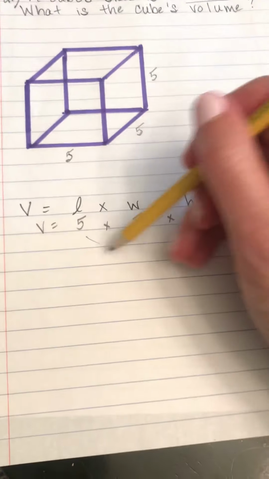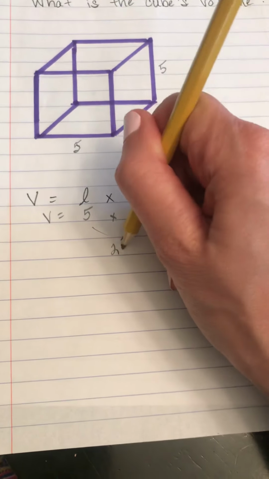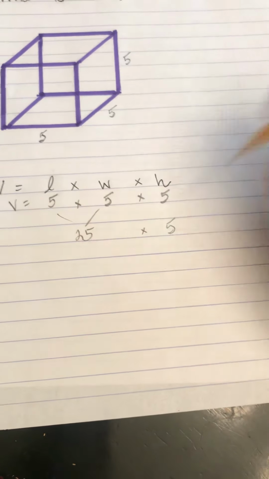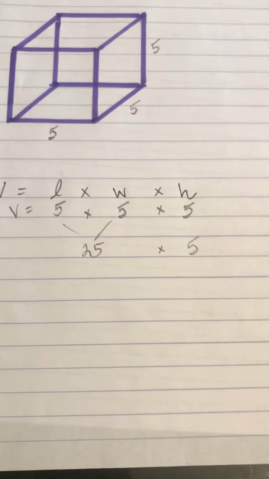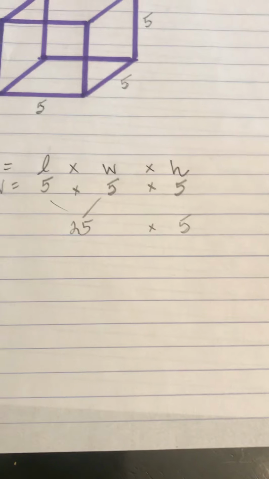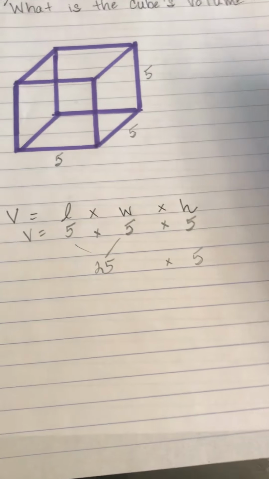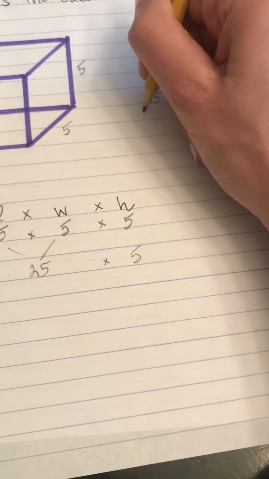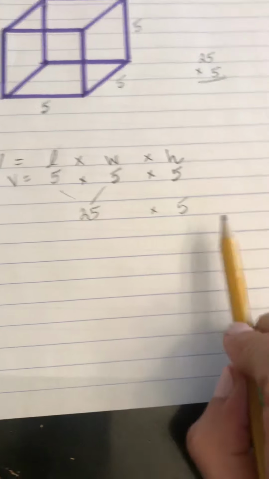Let's do 5 times 5 first. What's 5 times 5? 25. And we still have this other times 5 to work with. You may be able to do this in your head because there are 4 25s in 100. If you do not know what the answer is, you simply work it out. Find a place where you have enough space and work out your 25 times your 5.